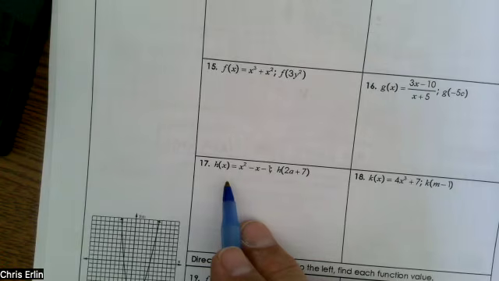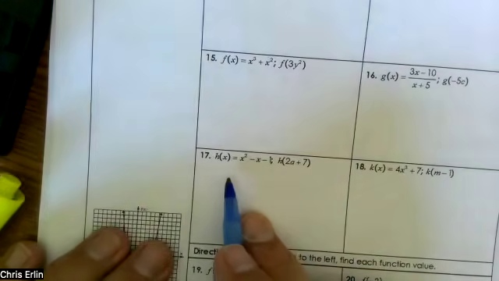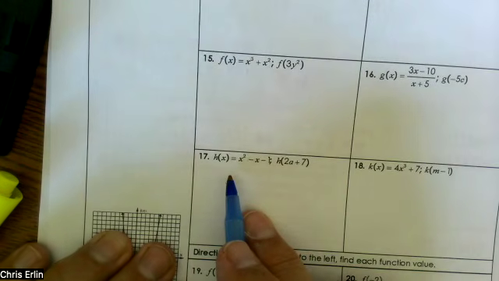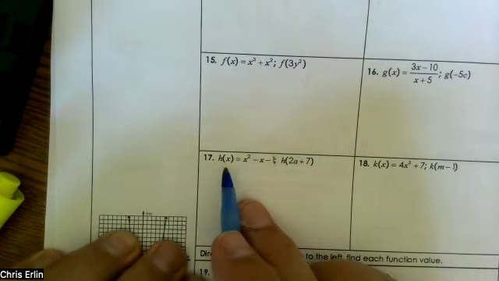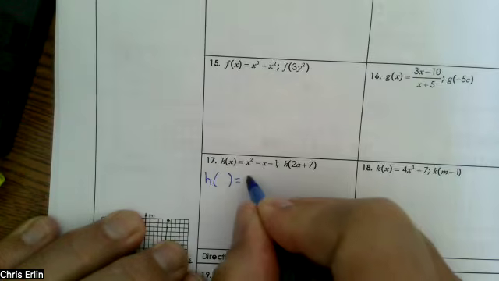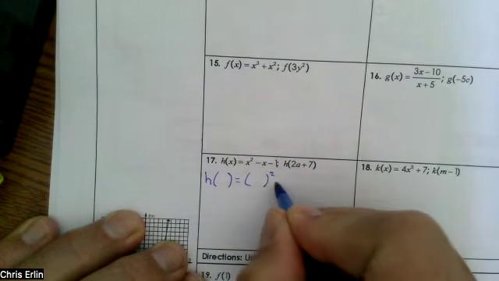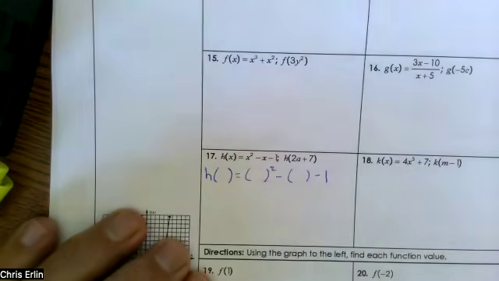Come down here to number 17. I recommend when you do these things, you start with what I started last time. h of blank equals blank squared minus blank minus 1.